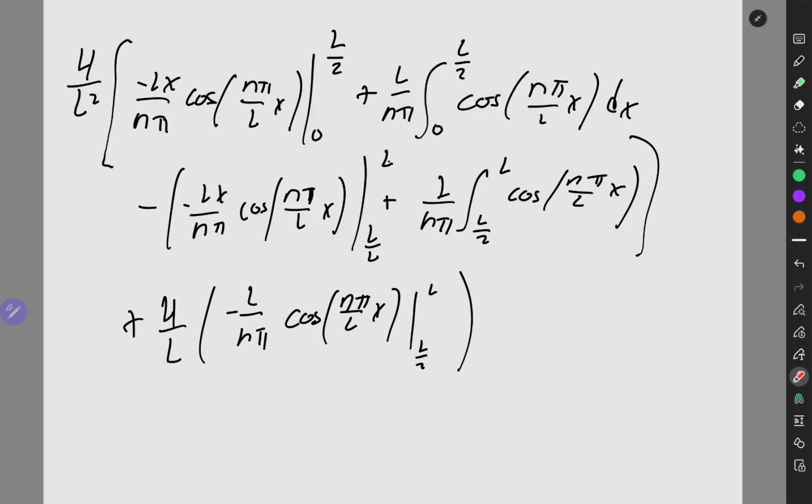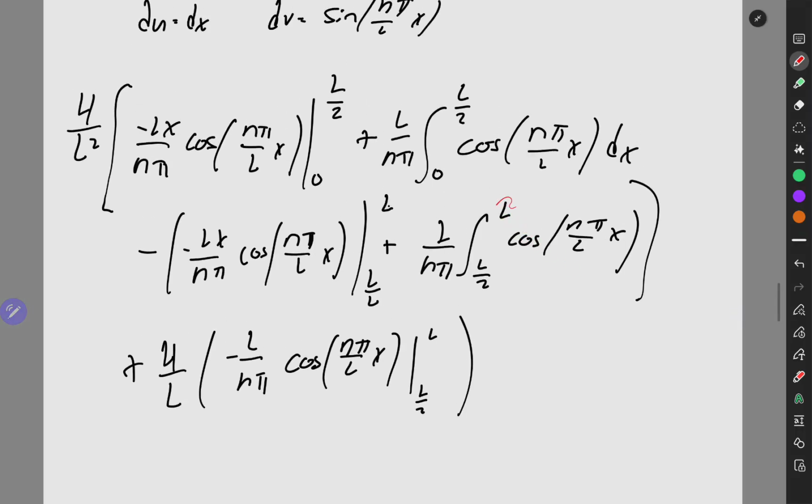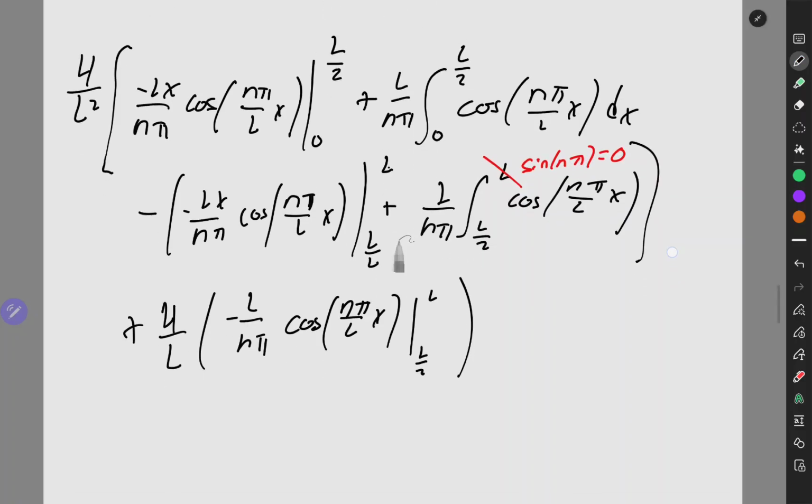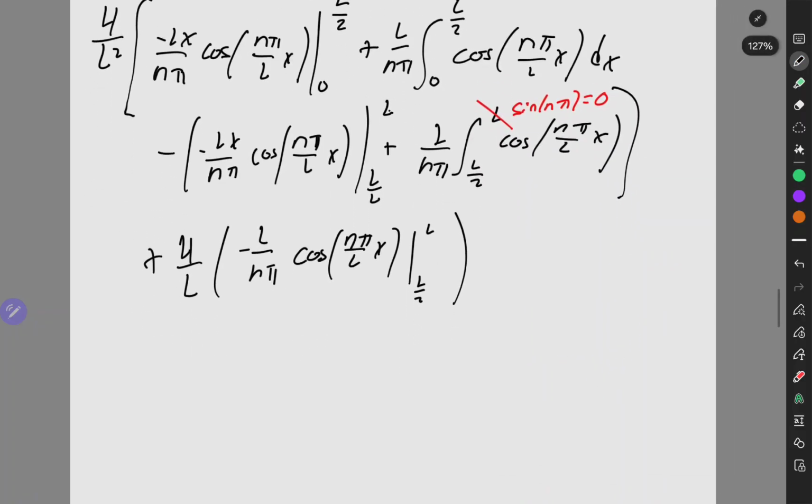So, I mean, some of it's going to go to 0. See, this top one here is going to go to 0. What else is going to go to 0? Nothing, right? That's it. So I'm not going to write that down on the next step. I'm going to move on here.